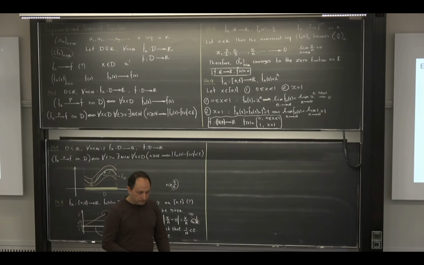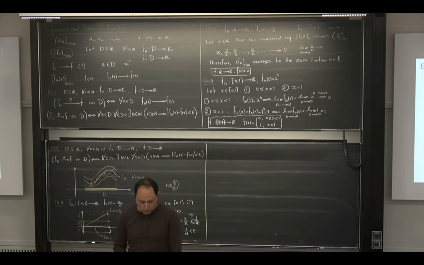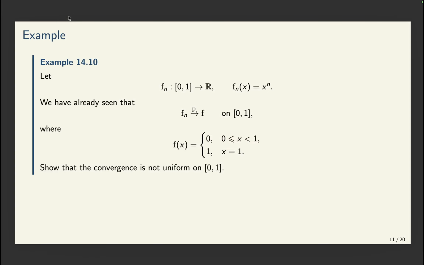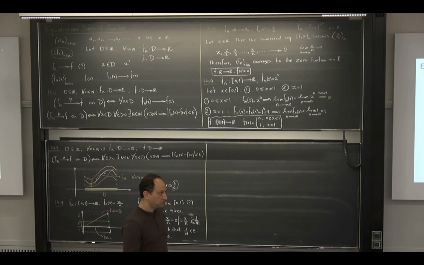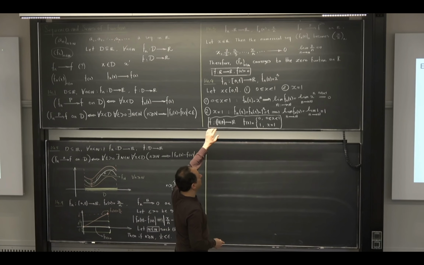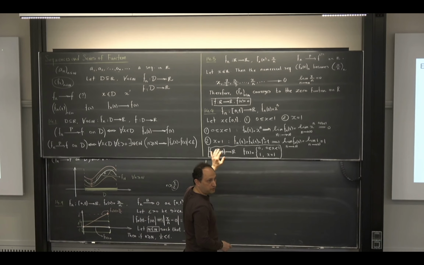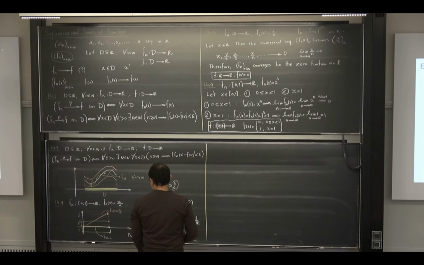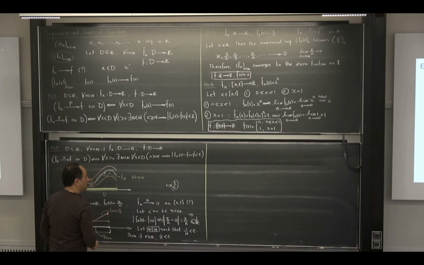Okay, good. So let us go to this one. So for example, from this picture perspective, I hope that you can see that this is not uniformly convergent. Can you see why? In this example, it was pointwise convergent, but now you will see it is not uniformly convergent.